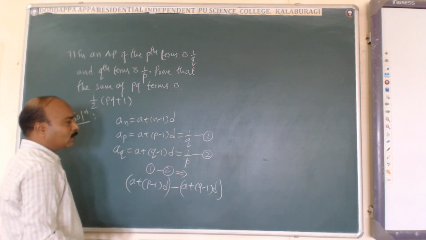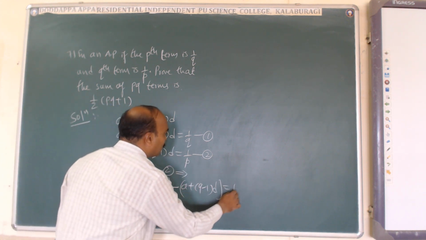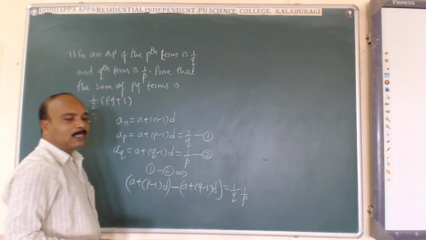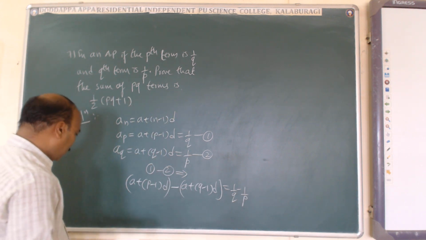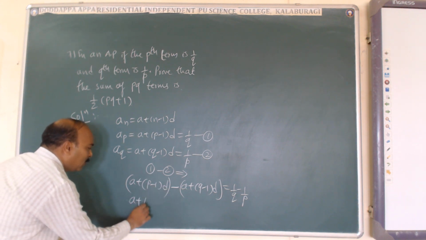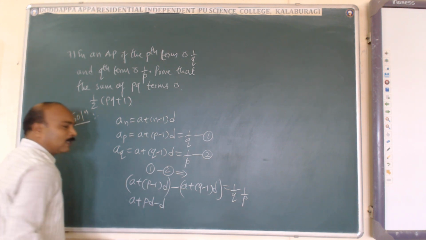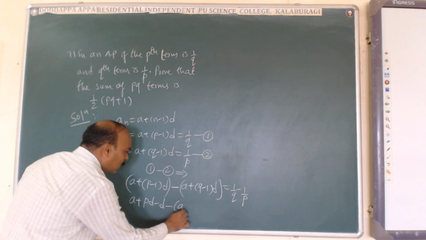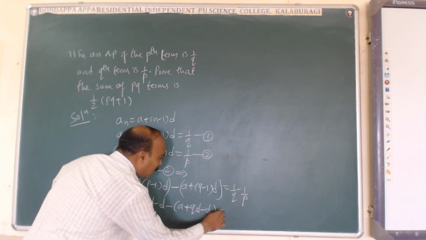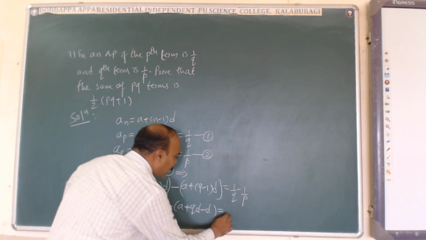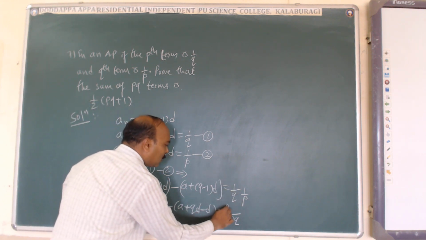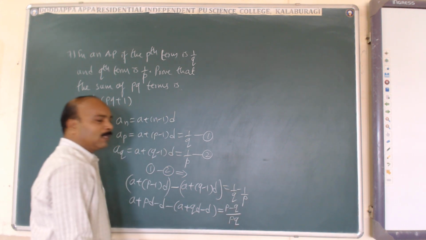It is the LHS. What about the RHS? It is 1 by q minus 1 by p. Now simplify this. A plus pd minus d you get, minus a plus qd minus d, equal to the LCM of this, pq, multiplied with p and with q, that is p minus q.